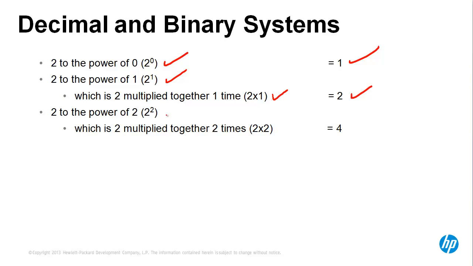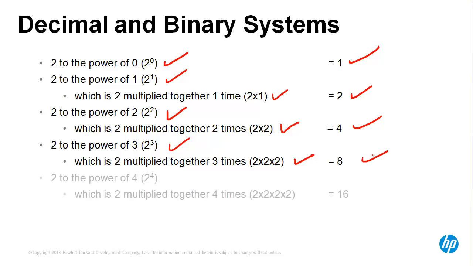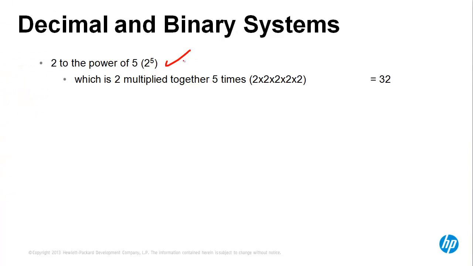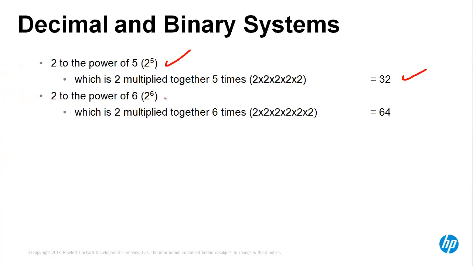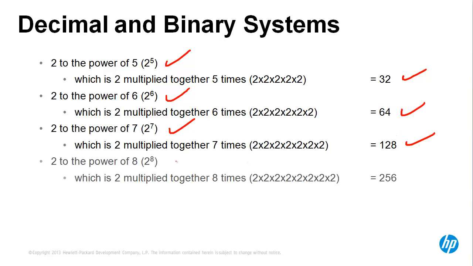Extending that, 2 to the power of 2, which is 2 multiplied by 2, equals 4. 2 to the power of 3, which is 2 multiplied together 3 times, in other words 2 times 2 times 2 equals 8. 2 to the power of 4, which once again is 2 times 2 times 2 times 2, or 2 multiplied together 4 times, equals 16. Continuing, 2 to the power of 5 equals 32, 2 to the power of 6 equals 64, 2 to the power of 7 equals 128, 2 to the power of 8 equals 256.